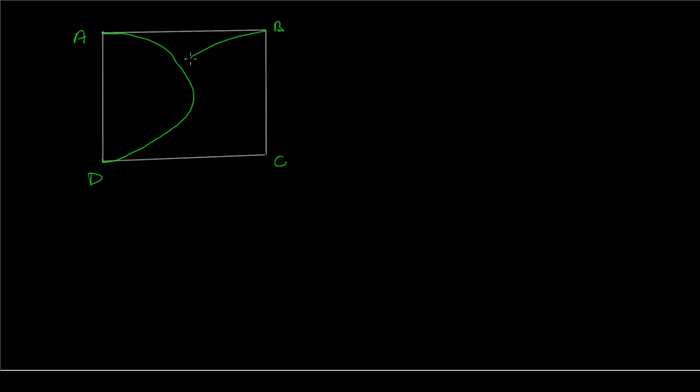So they've drawn one here like this, then one like this, and then one like this. So semicircles they have drawn. Now they want us to find the area of the shaded design. So the shaded design is basically this shaded design.